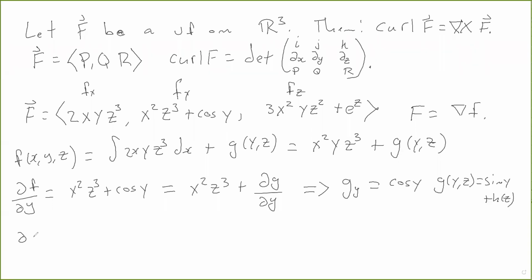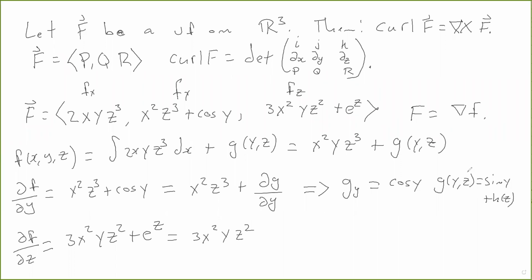Okay, so now the partial derivative of f with respect to z, we know is equal to this. So this is equal to 3x squared y z squared plus e to the z. That's just the z component of the vector field. But we also know that it is equal to the partial derivative of this f with respect to z. Okay, so the partial derivative of this with respect to z is 3x squared y z squared plus the partial derivative of g with respect to z.